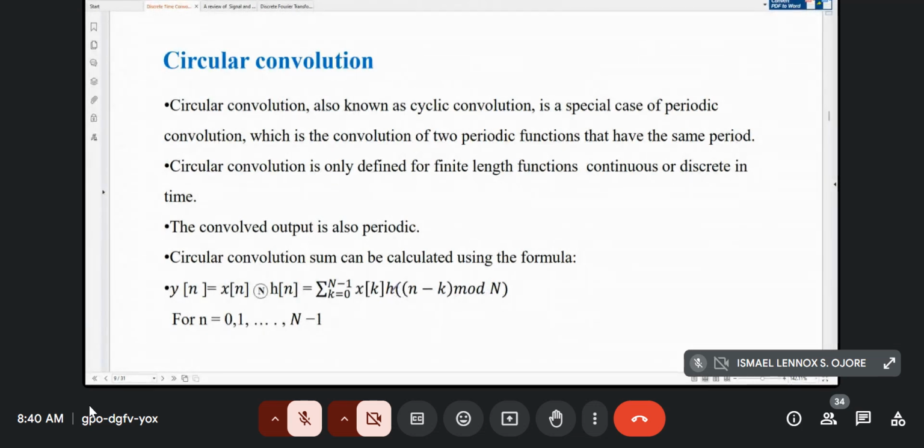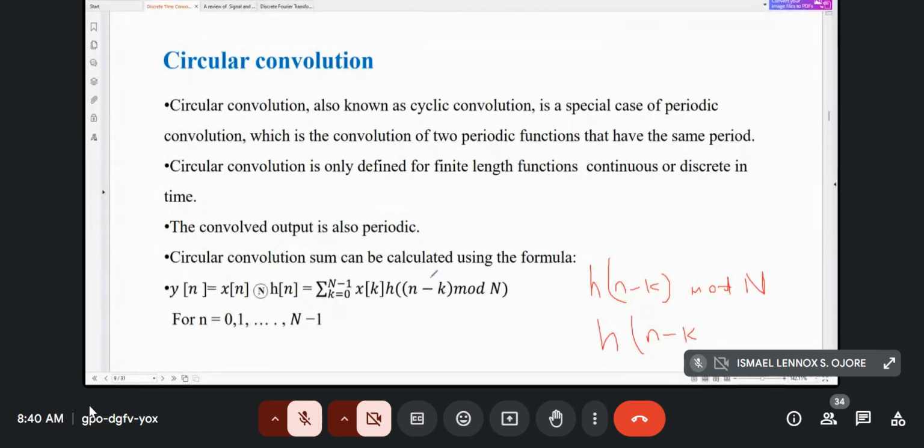And it's not h of n minus k, then mod N of the whole function. Okay, it's not h of n minus k mod N like that.